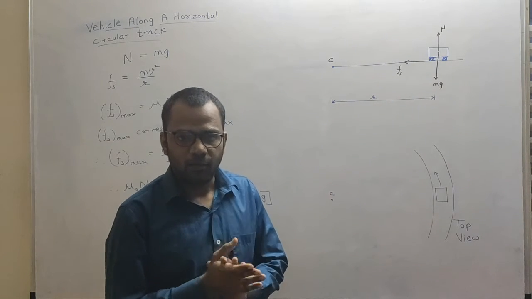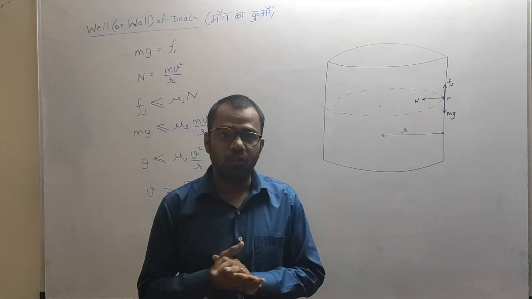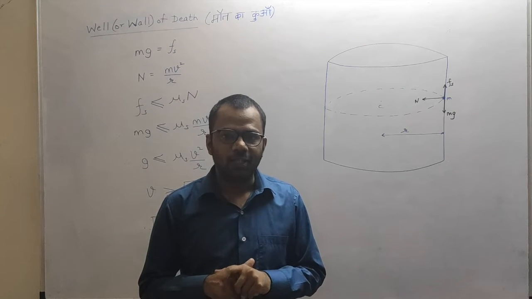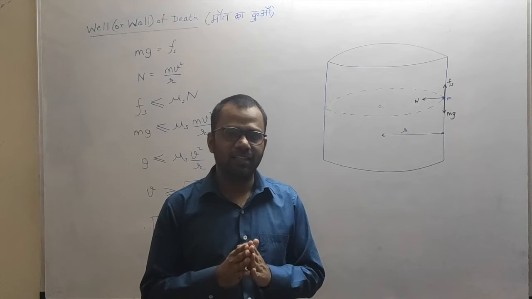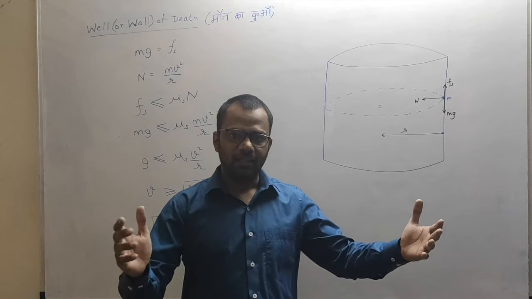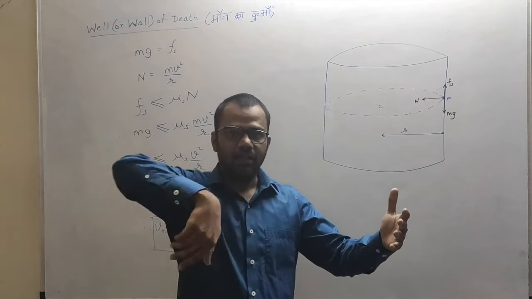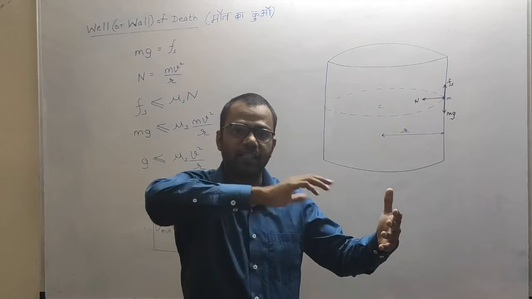Fine? Alright. Now you must have heard about this term, Maut ka Kuaa, or you must have visited a circus wherein you see a cage, and in that cage, the stuntman moves along with his vehicle along that cage from the inner part of the cage.